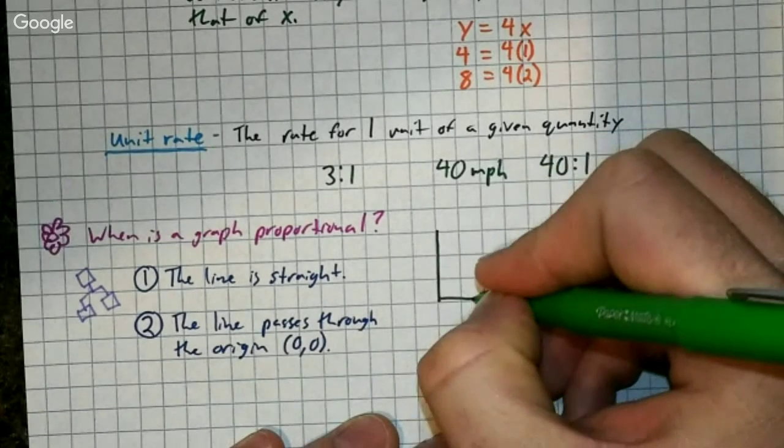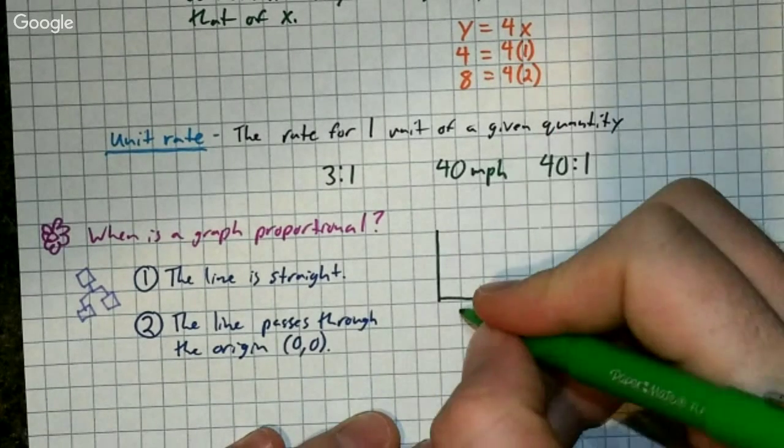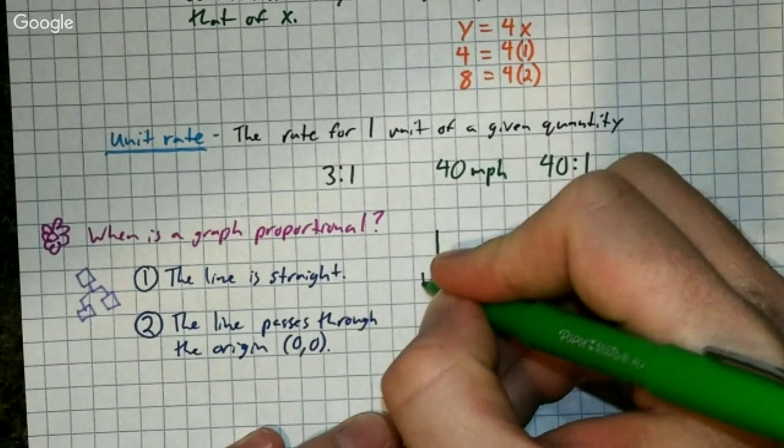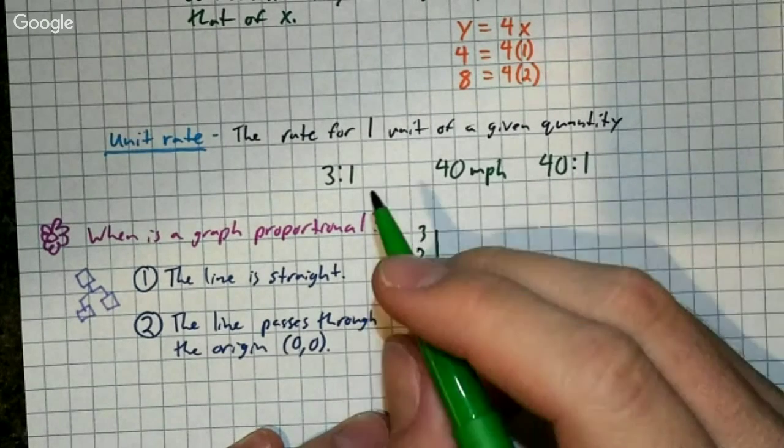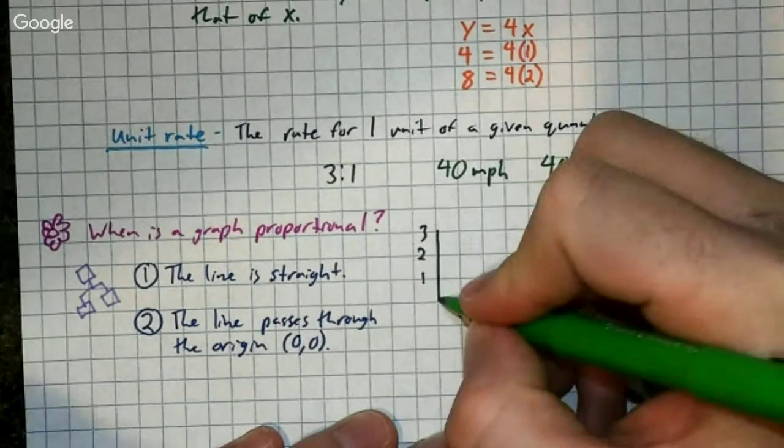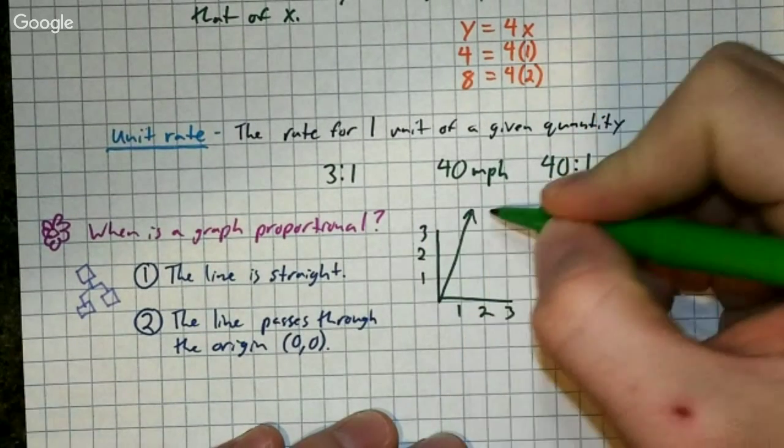So I'm just going to make these little graphs here. This one will say 1, 2, 3 and 1, 2, 3, and the graph will look like this.